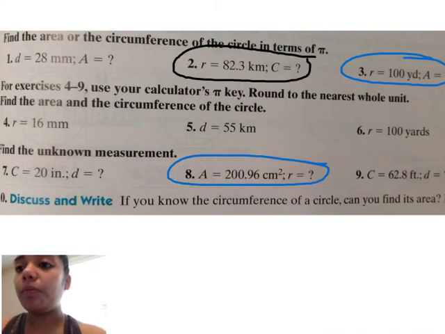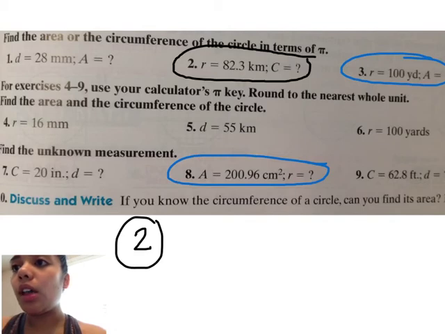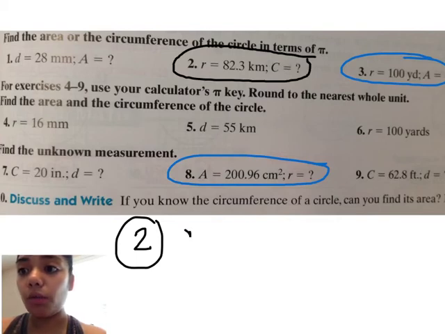So number 2. R equals 82 3/10 kilometers, and C equals what? Well, if I know I'm looking for C, which is circumference, I need to use my equation. Circumference equals pi times diameter.